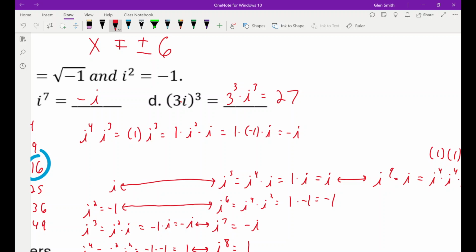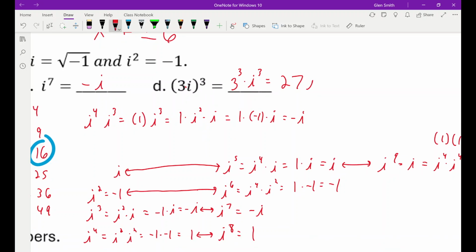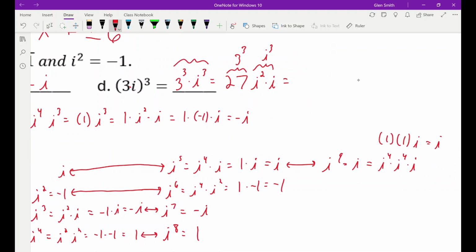And i cubed, like I just showed you down here, I'll do it again for you, is i squared times i. This is really this i cubed, and this is really 3 cubed. That's what that 27 is. So it's the same thing as this right here. Okay, but that i squared is really negative 1, so it's really 27 times negative 1 times i. And you would just put the negative 27 out front like that. So this is what your teacher's looking for there.